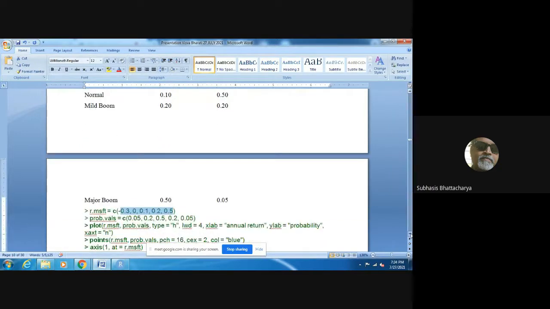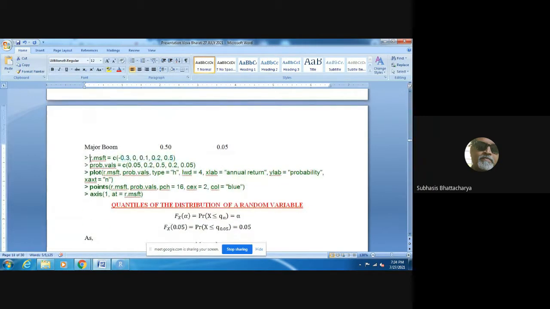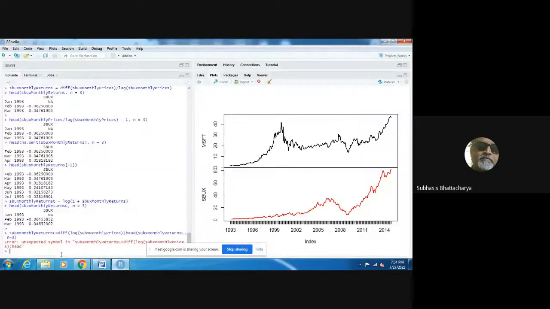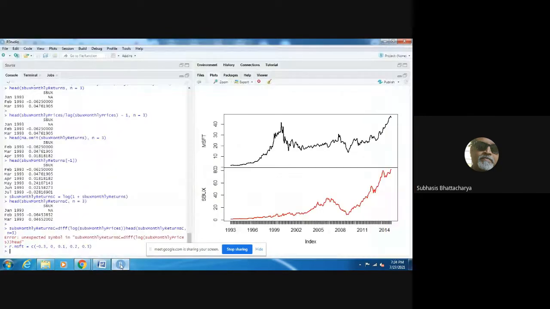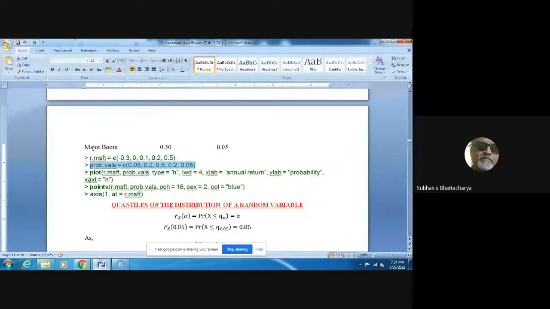So I consider the return, and then I consider the probabilities, and then I plot this.